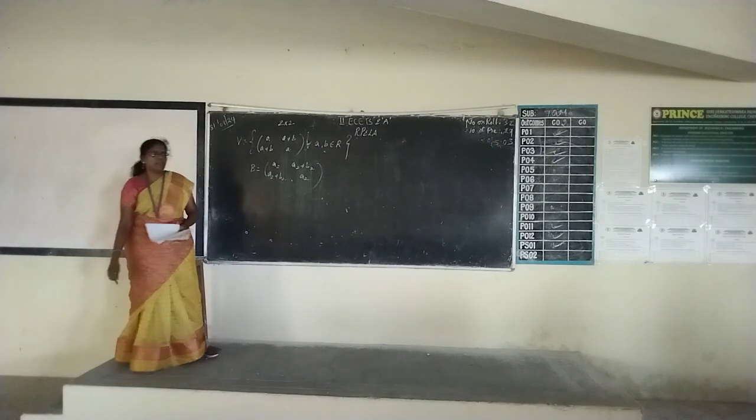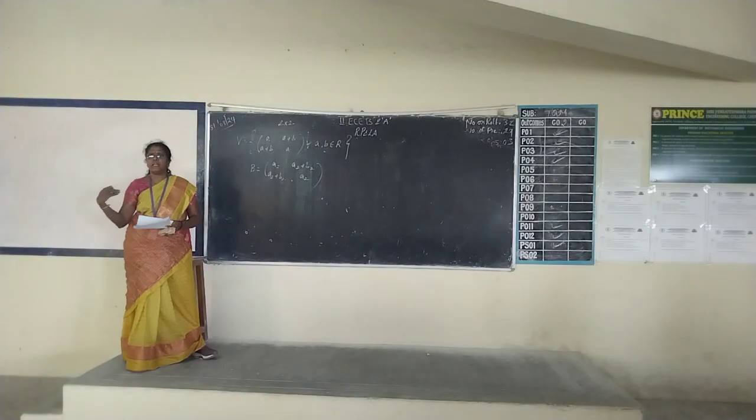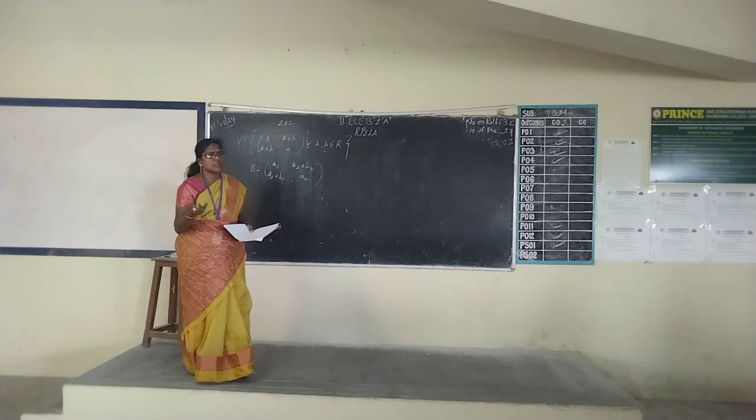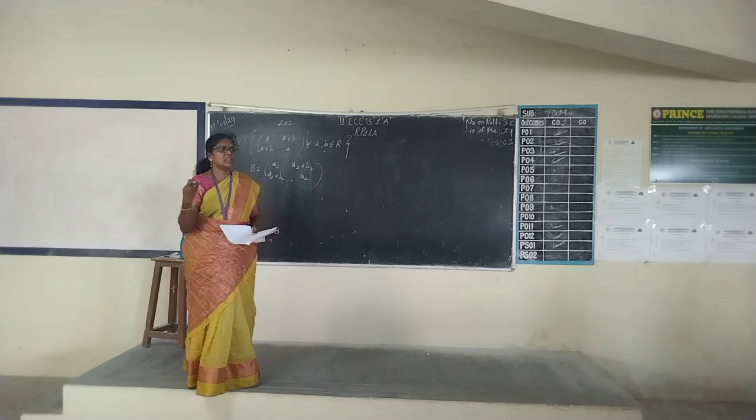Now, first, what are we supposed to check before going to the axioms? Whether the addition and scalar multiplication are closed or not. What is the meaning? The resultant answer should belong to B. We have to check whether it is satisfied or not.